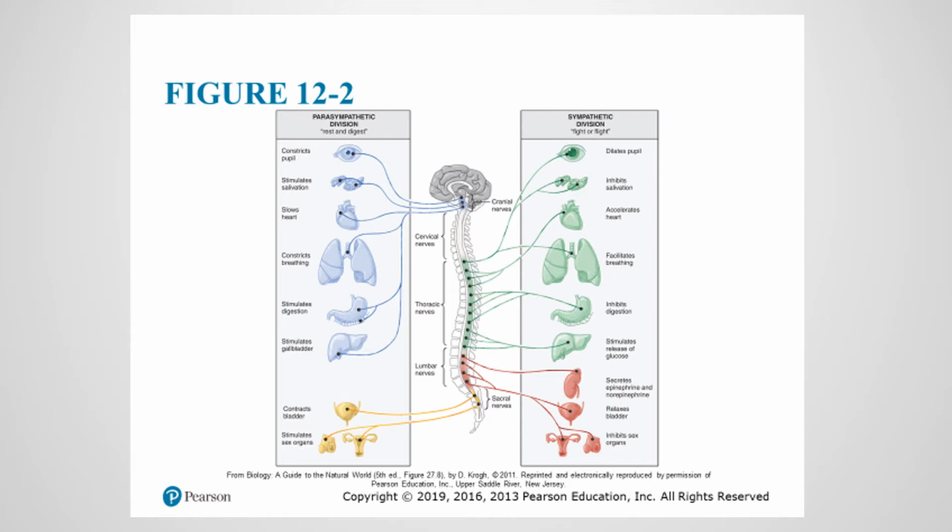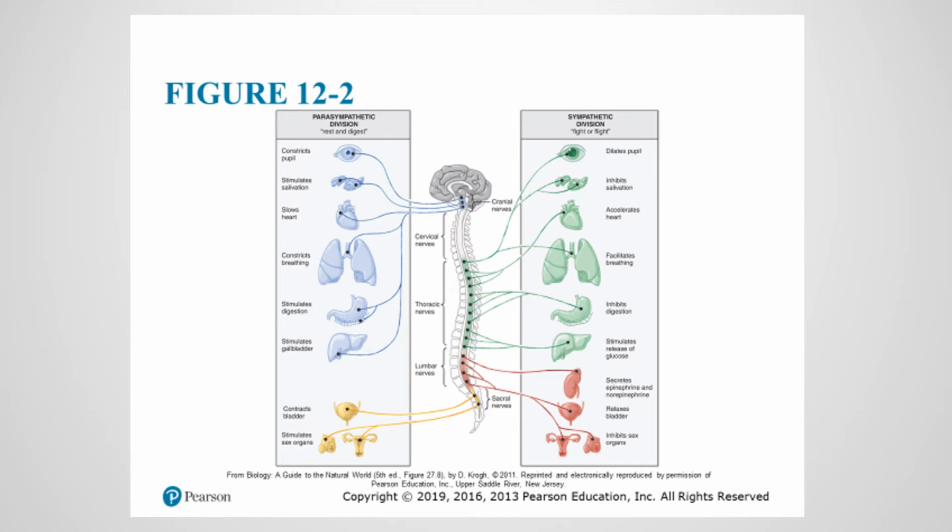Whether it's how dilated your pupil is, how much secretion your gastrointestinal tract, like your salivary glands, are secreting, how fast or slow your heart is, how fast or slow you're breathing, peristalsis, contractions in your stomach and your gastrointestinal tract, contraction of the gallbladder on the parasympathetic side, stimulation of sugar release from glycogen that's stored in the liver by the sympathetic.